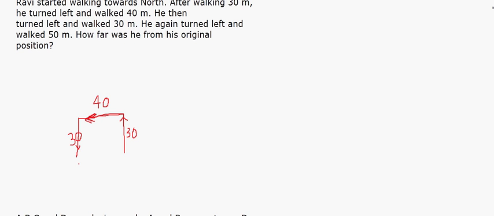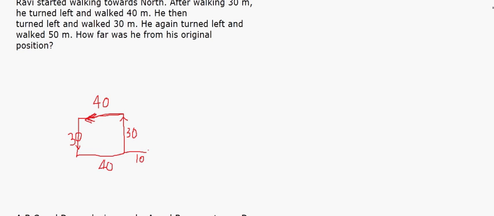So if you are walking like this, your left would be towards the east direction, right? So you walked this. So it was 40 and again another 10, right? So this is 10, this is 40.